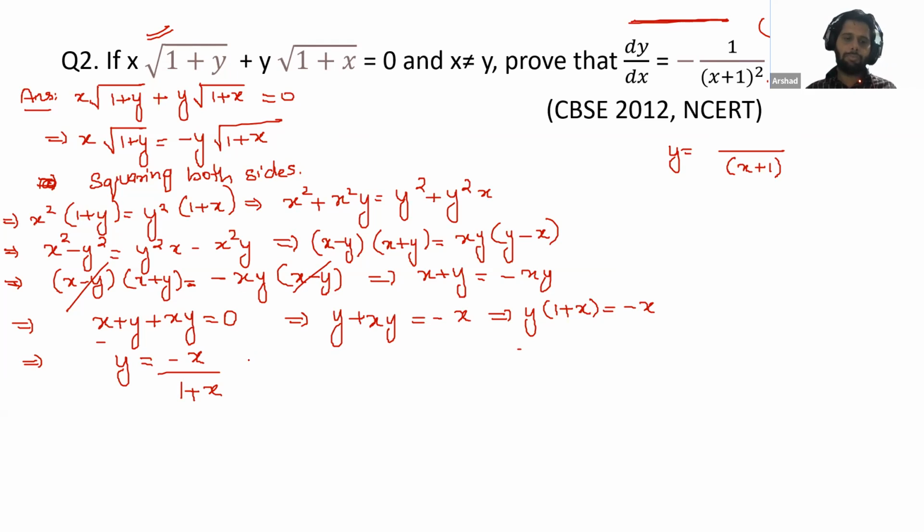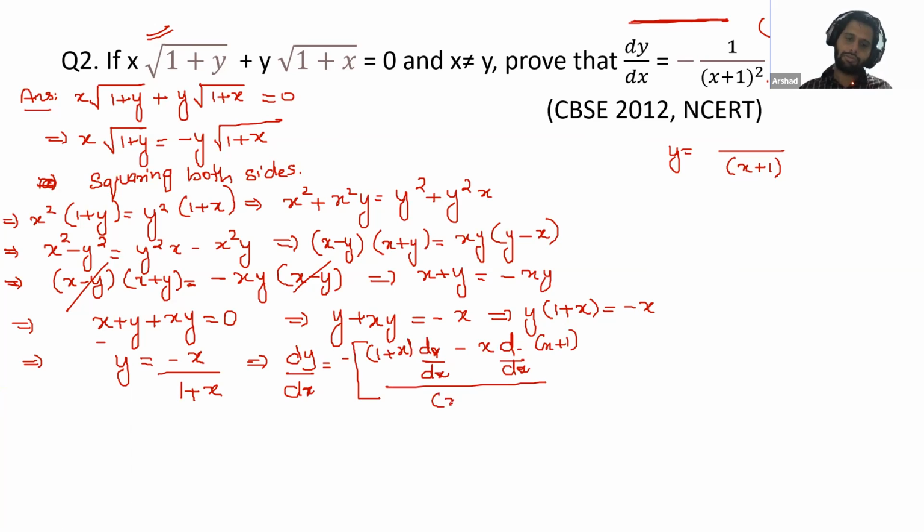Please check here. We need to apply the quotient rule here. So dy by dx is equal to, there's a negative, so we will write that negative outside the bracket. Then denominator as it is, differentiate numerator, minus numerator as it is, differentiate denominator, x plus 1, by the denominator square.